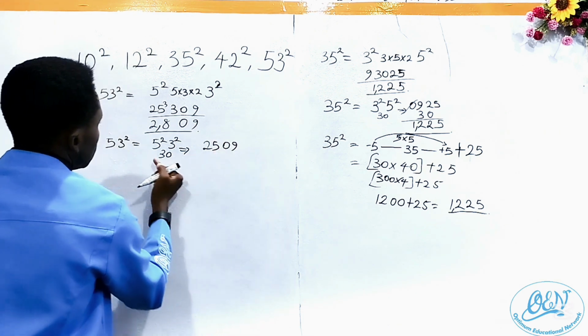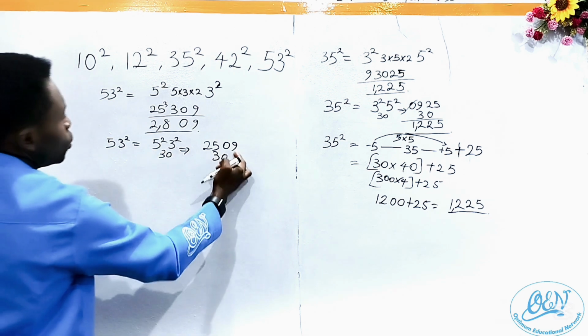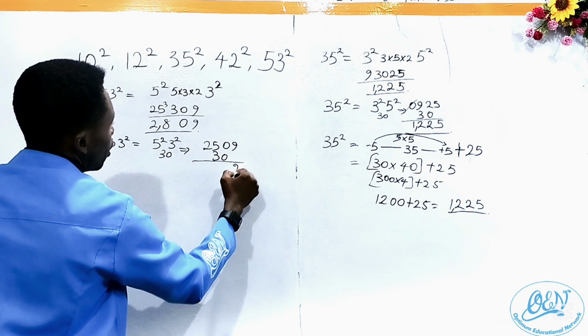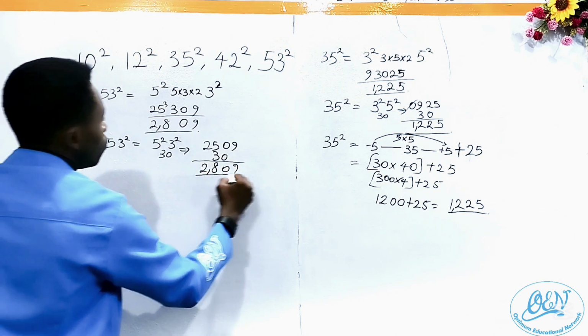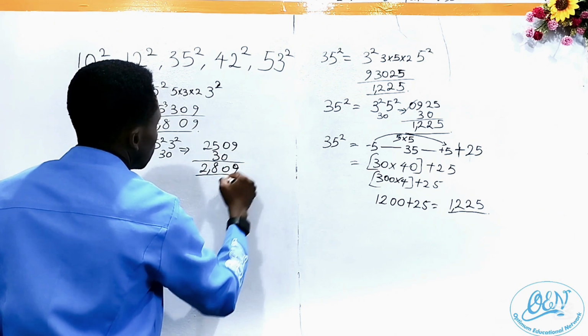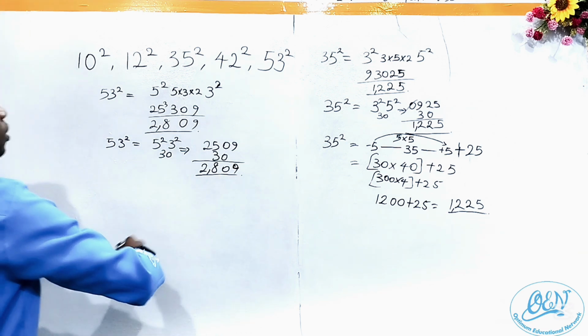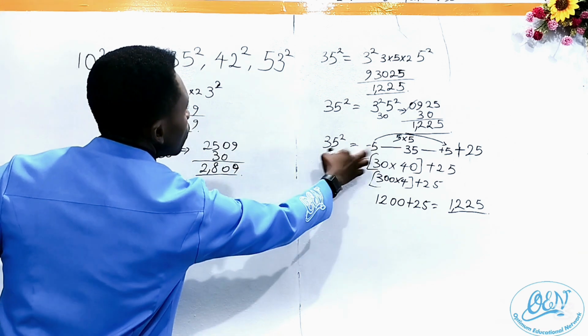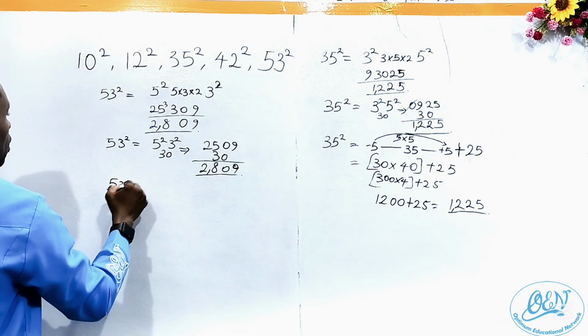Then 30, you leave the unit column empty, so you have 9, 0, 5 plus 3 is 8, and then you have this. So this is this.